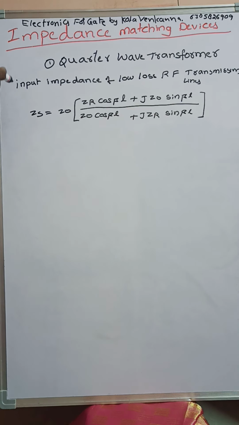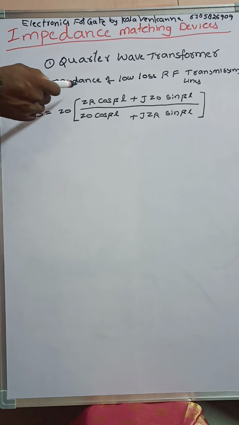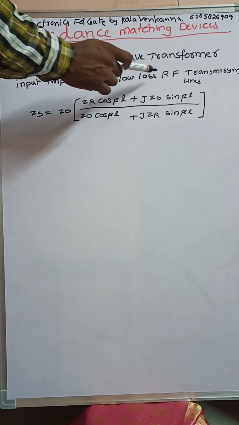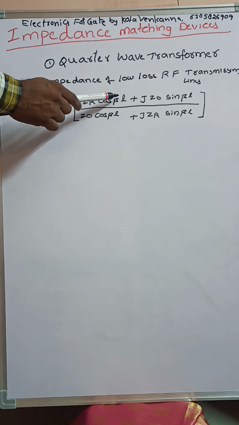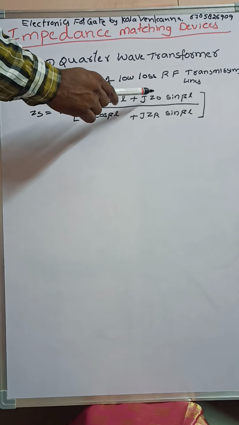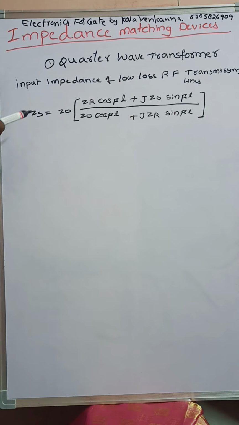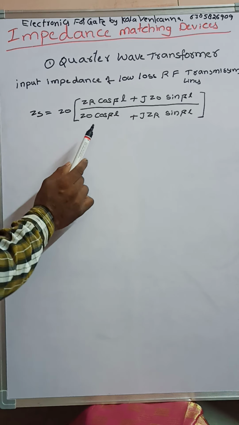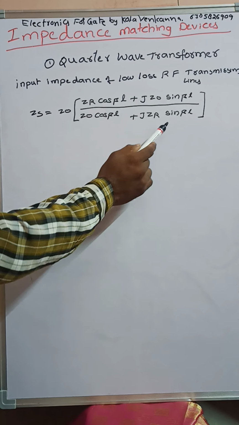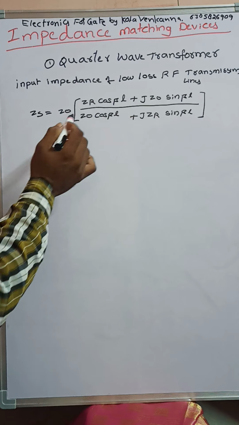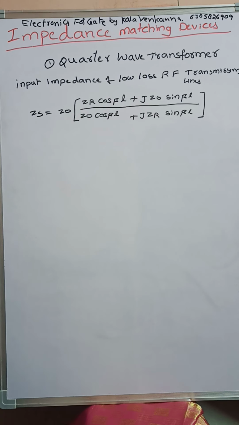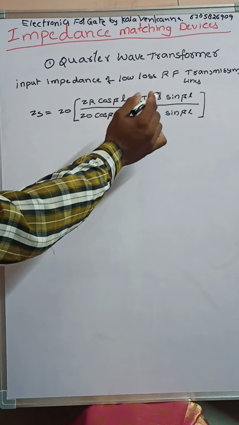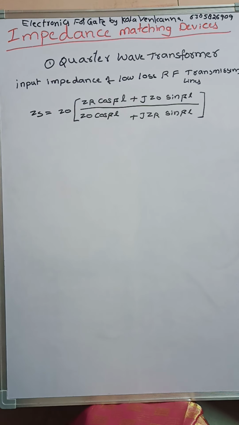So this is the input impedance of a low loss radio frequency transmission line, that is Zs is equal to Z0 times Zr cos beta L plus j Z0 sin beta L, divided by Z0 cos beta L plus j Zr sin beta L. Here beta is the phase shift, L is the quarter wavelength, lambda by 4, and Z0 is the characteristic impedance.